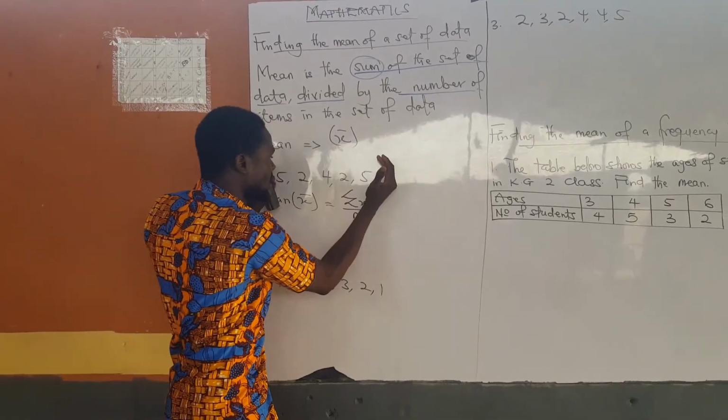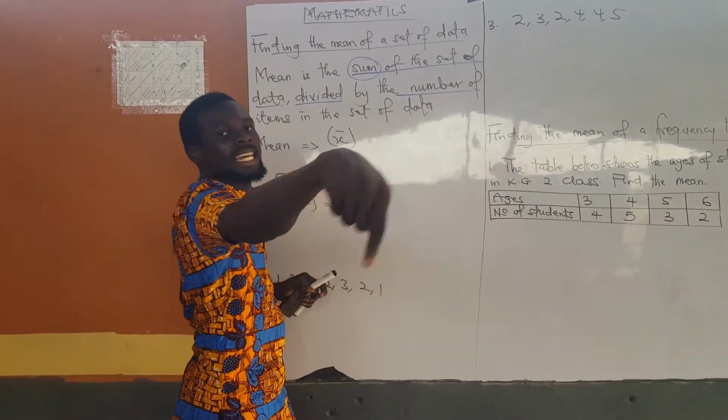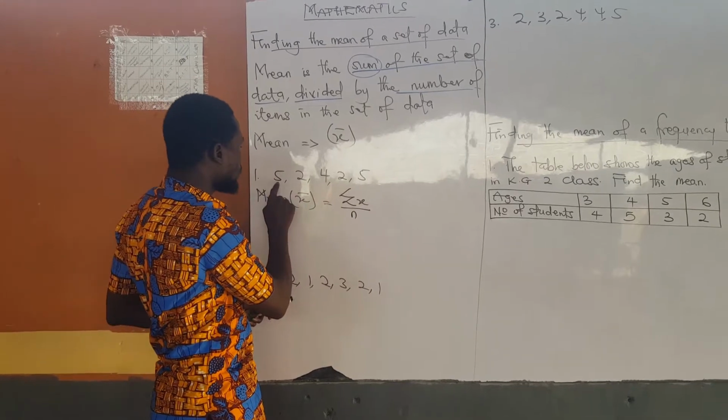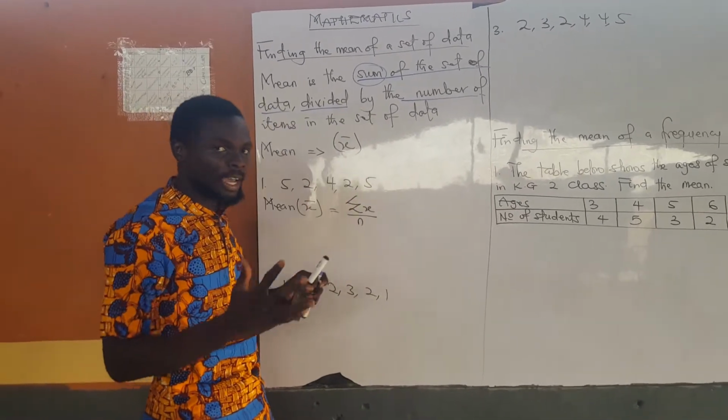So when you put the set of data together, you divide it by the number of items: 1, 2, 3, 4, 5. You divide it by 5.